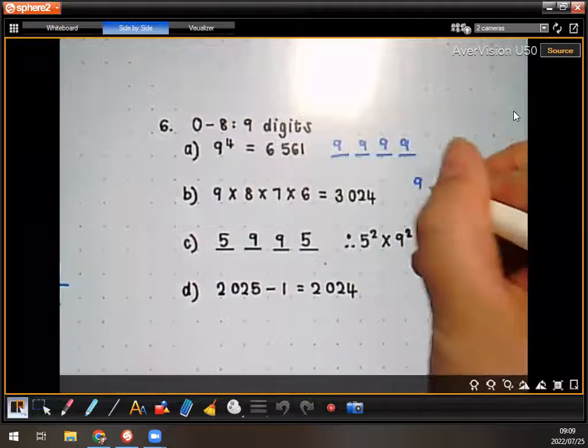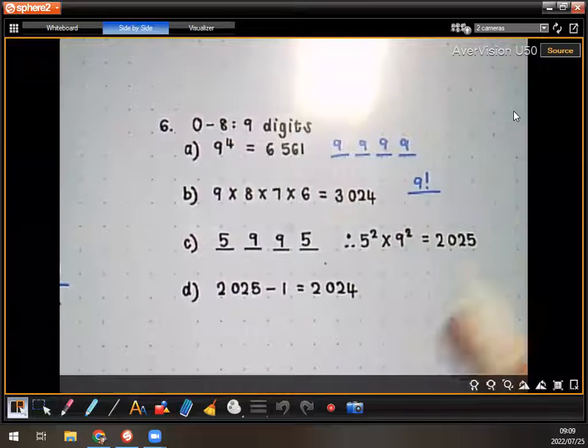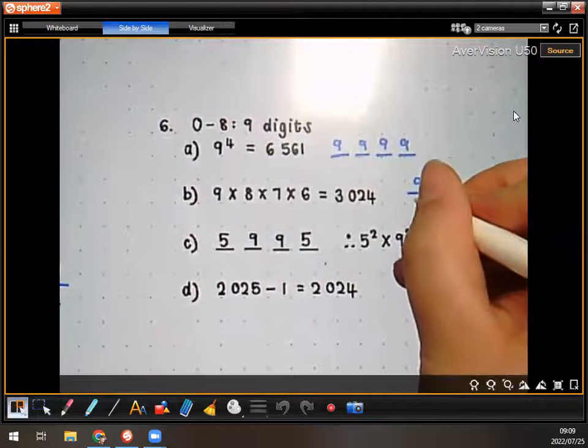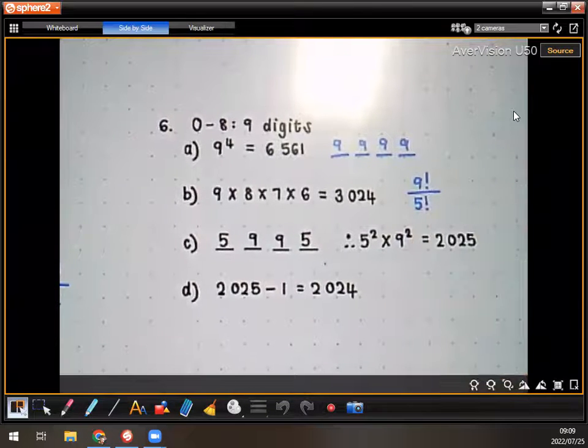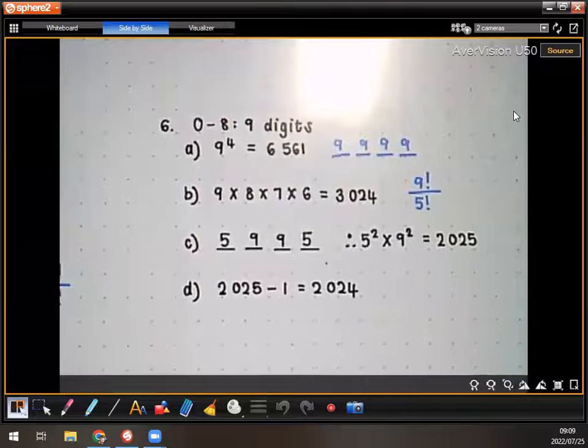If we wanted to say 9 factorial, what is left? That would be 9 factorial divided by 5 factorial. But guys, it almost takes the same amount of time to write those 2 methods. So yeah, it's up to you. They just use this in the textbook sometimes. I don't want you to see this and not know where it's coming from.